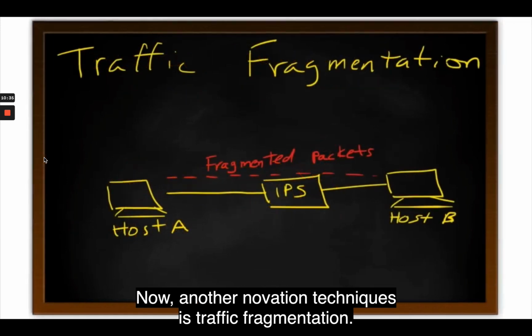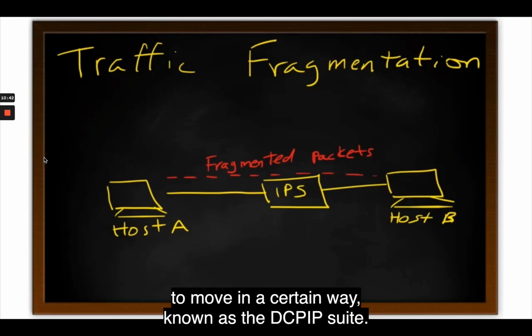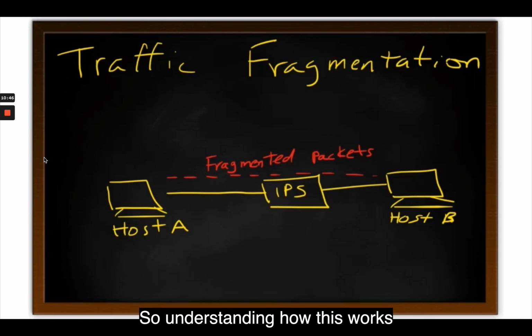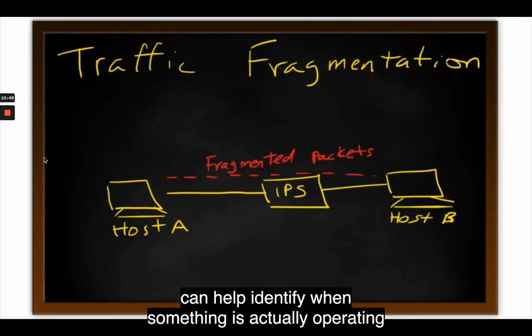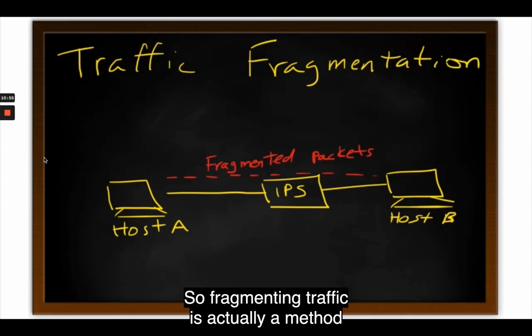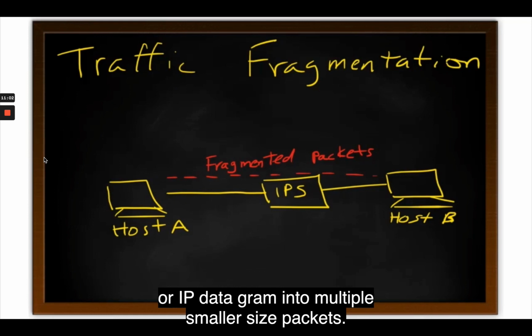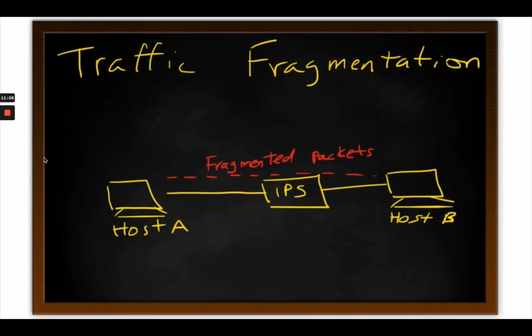Now, another evasion technique is traffic fragmentation. Network technologies expect traffic to move in a certain way, known as the TCP/IP suite. So understanding how this works can help identify when something is operating in an unusual way. Fragmenting traffic is a method to avoid detection by breaking up a single Internet Protocol, or IP, datagram into multiple smaller-sized packets.